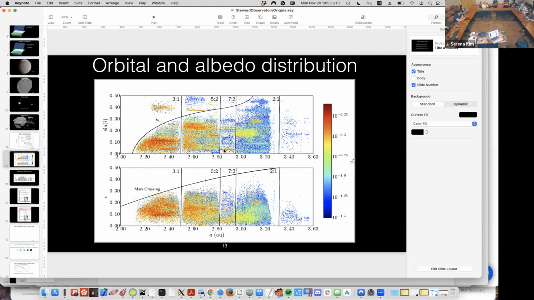If we have a second volatile content that we observe as occurring at a different onset of activity, we can say, okay, we can have one chemical species that evolves and starts to sublimate sooner, and this had to have occurred at a further distance than a more volatile species.